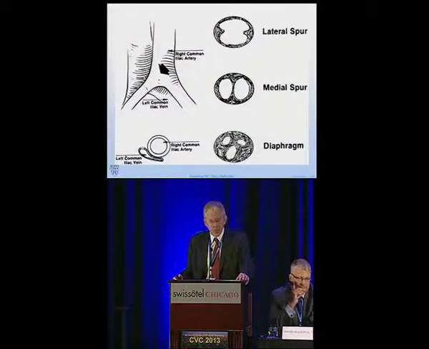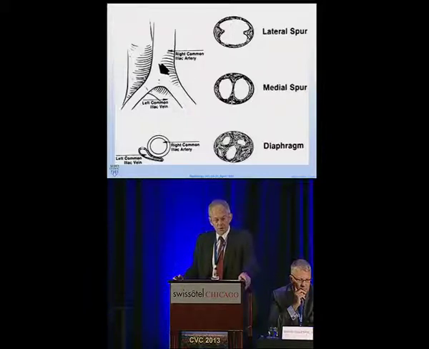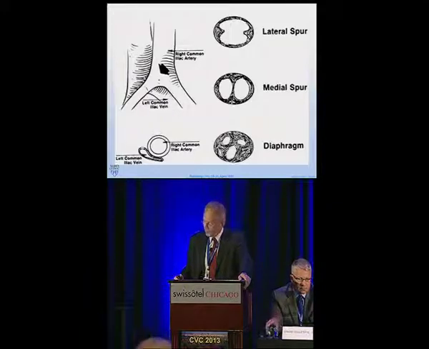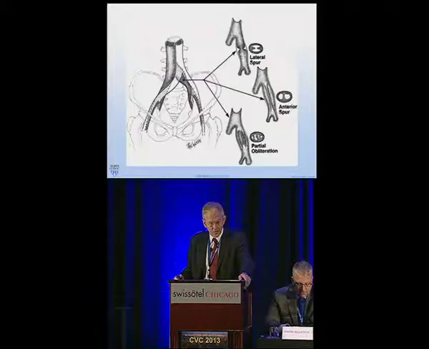He also came up with three categories of pathological findings in the common iliac vein: a spur that comes from the walls laterally, a medial spur which actually divided the vessel, and then a variety of diaphragmatic-looking obstructions, not occlusions of the artery. And this is depicted here in a different drawing that I've also borrowed from a different magazine.